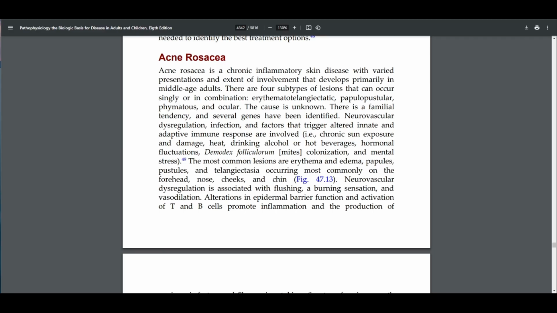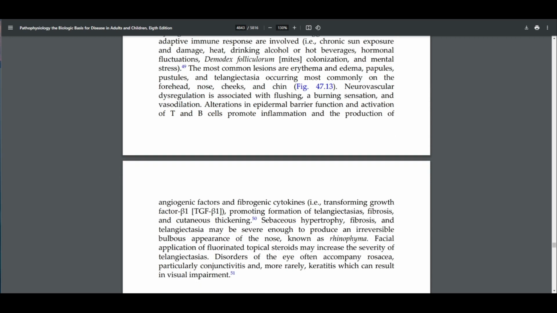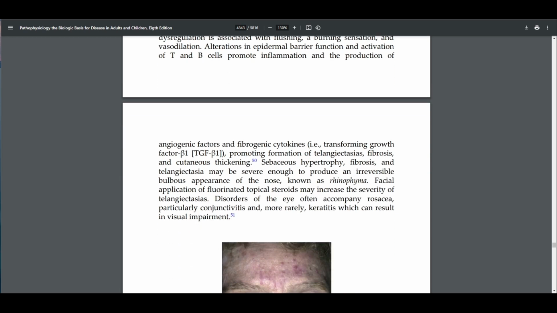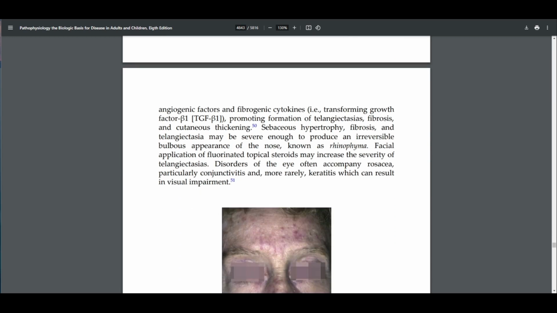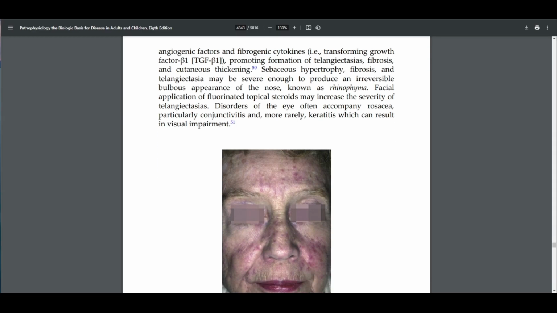Alterations in epidermal barrier function and activation of T and B cells promote inflammation and the production of angiogenic factors and fibrogenic cytokines, promoting formation of telangiectasia, fibrosis, and cutaneous thickening.